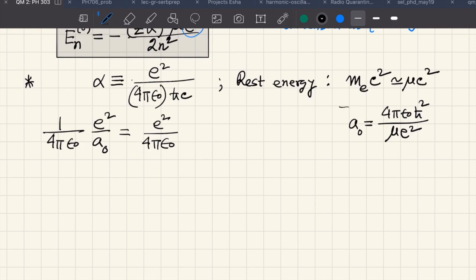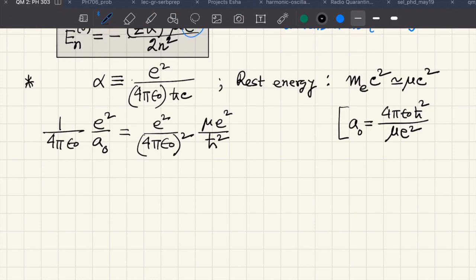So this was our Bohr radius and we are dividing by a naught, and we have e square by 4 pi epsilon naught whole square, because a naught has a 4 pi epsilon naught factor, and then we have mu times e squared from this expression of a naught, and then h bar square in the denominator.